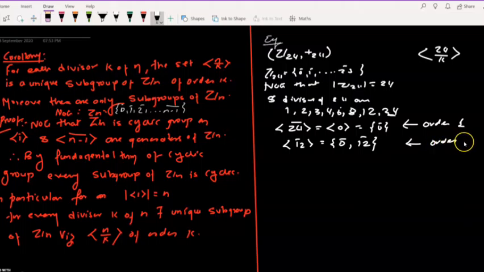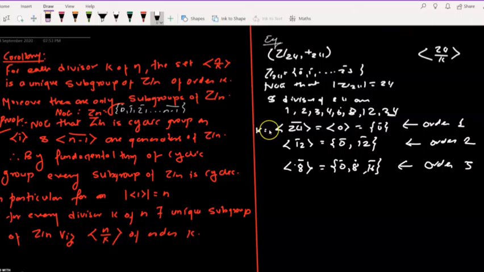So this order is 2. Then for k equal to 3, this would be 8 bar. So 0 bar, 8 bar, 16 bar, and that's it. The 24 bar will be back to 0. So the order is 3 as I said.